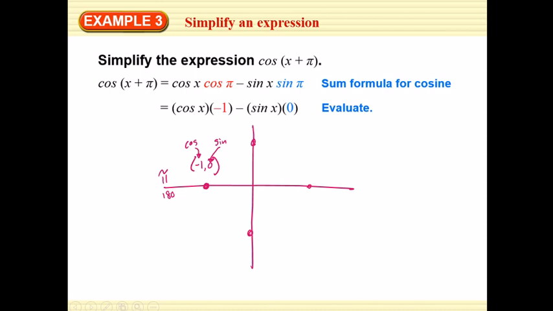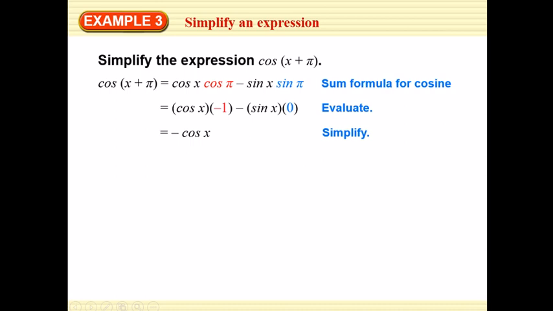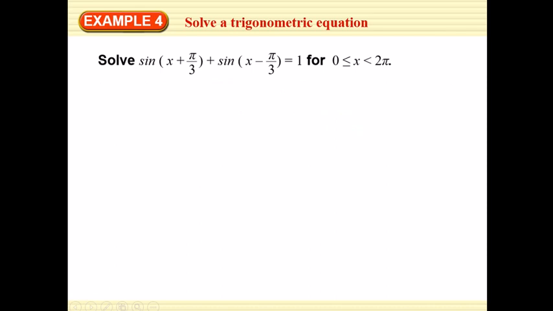So it makes sense that the value for cosine of pi is -1, and then the sine of pi is 0. In the next step here, we go ahead and multiply those out and then combine our like terms. This second term disappears since it becomes 0, and then our final answer there is just negative cosine of x.